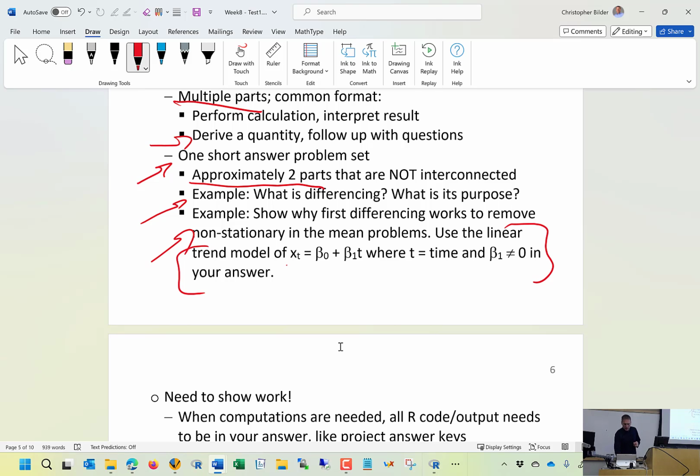We used this particular model to show what happens when you have, let's say, x_t minus x_{t-1}. The t disappears. Okay? That's why it works. That's why it removes the non-stationarity in the mean. So one will need to say this in one or two sentences. Any questions?